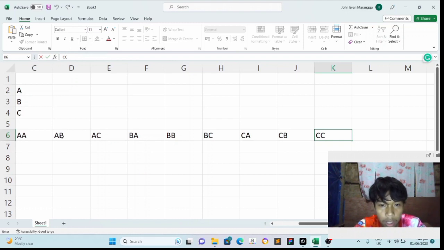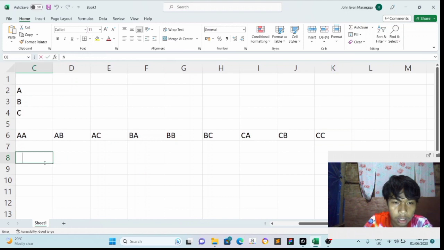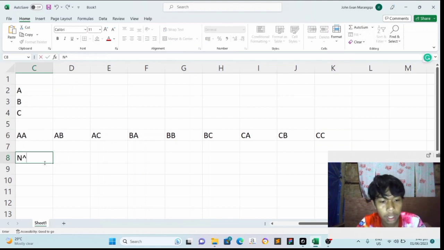To determine the total number of arrangements, in this case, we use the formula for permutation with repetition, which is given by n raised to r. Here n represents the number of distinct objects or elements available, in this case 3: A, B, and C. R represents the number of positions or slots to fill.